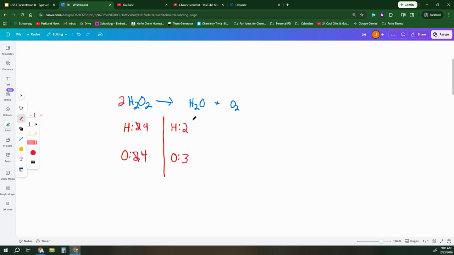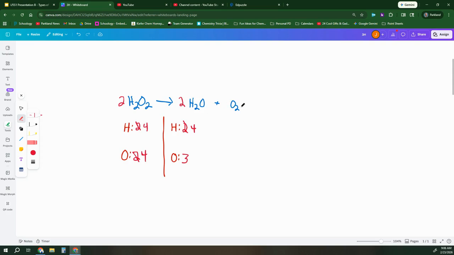Now it looks like I made this tougher for myself because both elements are now unbalanced. But you'll see that this will naturally balance itself out. If I give myself balanced numbers of hydrogens again, put a 2 in front of here. 2 times 2 hydrogens is 4. Getting myself rebalanced with hydrogen.